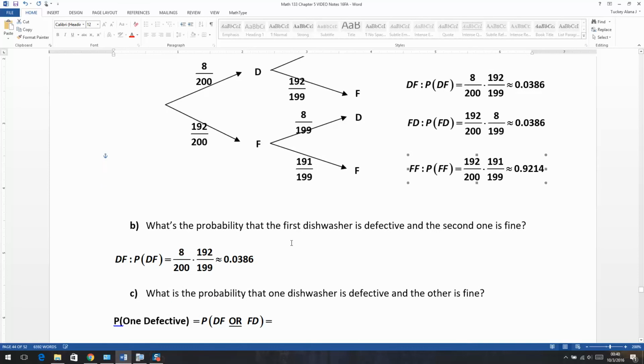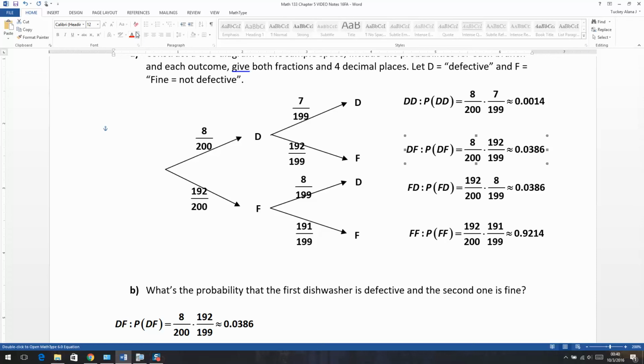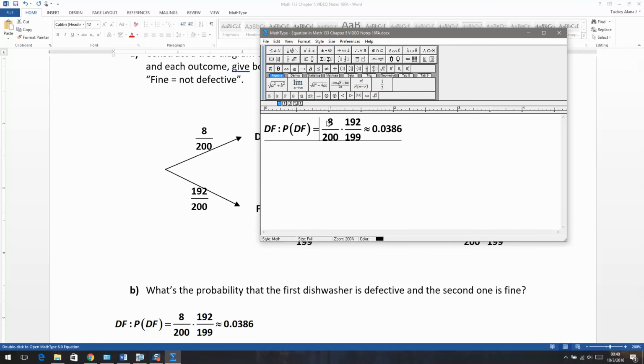All right, now what's the probability that the first dishwasher is defective and the second one is fine? Well, that's this part right here. We already found it. Defective-fine would be 8 out of 200 because you draw the first one, it's defective. There's 8 defective ones, so 8 out of 200. The next one, well, there's only 199 left, but you're going to draw a fine one, and there's 192 perfectly okay ones in there.